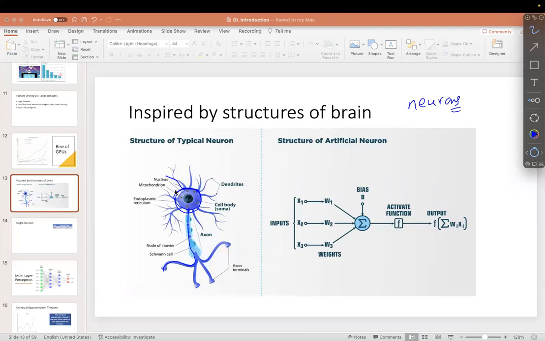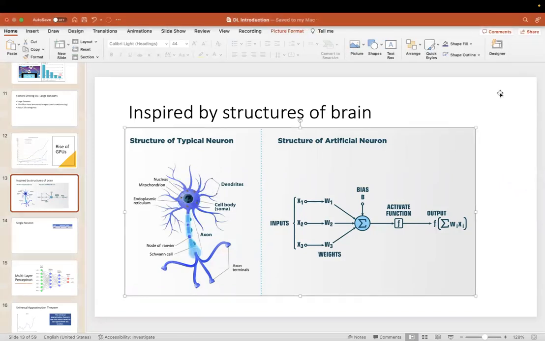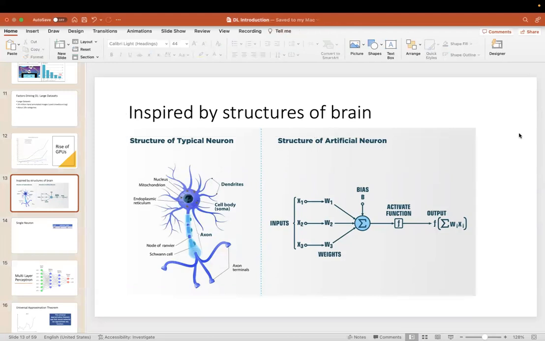So when they collectively work, whatever the input signal is, maybe from the retina looking at an image, or the eardrums listening to a particular voice or audio, these signals pass through billions and millions of neurons and are converted into certain actions or reactions that we have. The same thing can be applied to solve our typical problems.